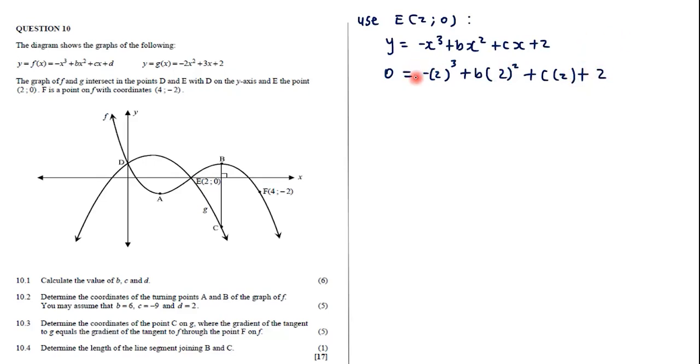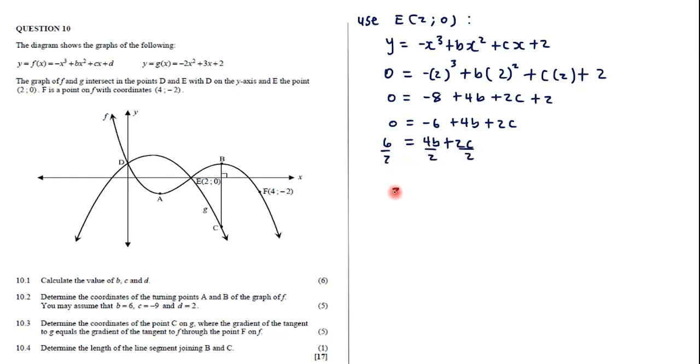Doing the same thing, pressing this, I get -8 plus 4b plus 2c plus 2, which gives me -6 plus 4b plus 2c. Bring it across, so 6 becomes 4b plus 2c, and then I divide by 2 everywhere and get 3 equals 2b plus c. This is my equation 2.